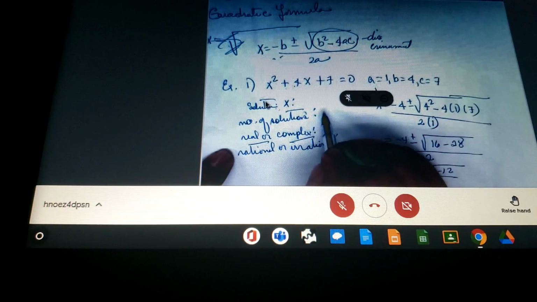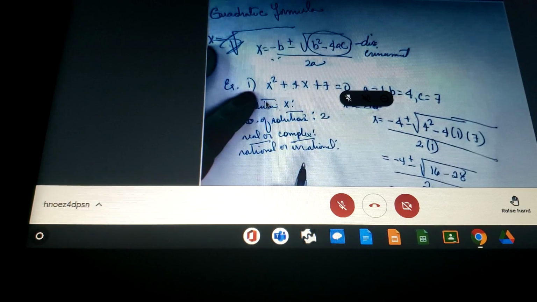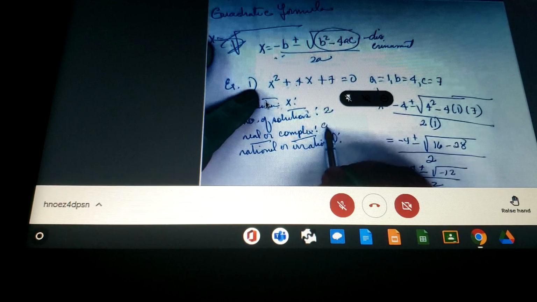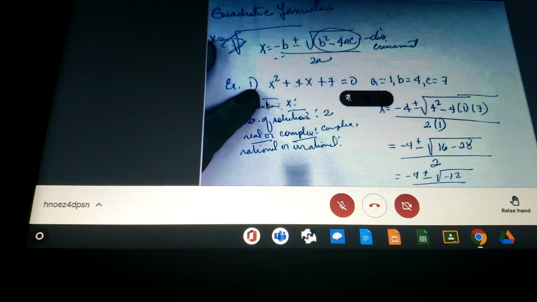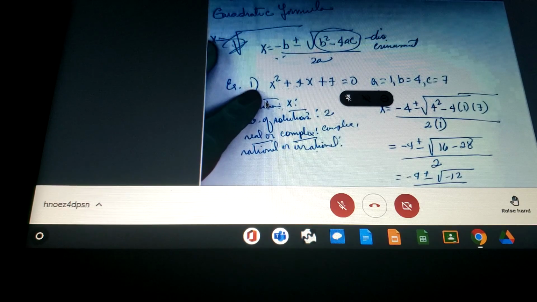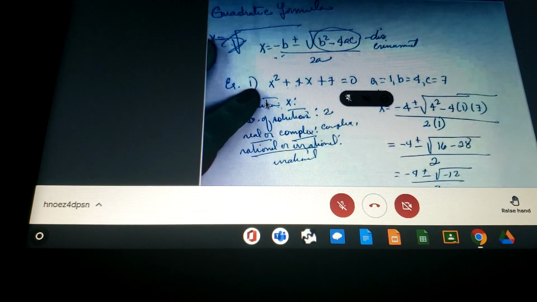2. 2 solutions. Real or complex? Complex, correct, complex. Why? Because of i, yes. Rational or irrational? Irrational. Why is it irrational? Because this one is not a perfect square.